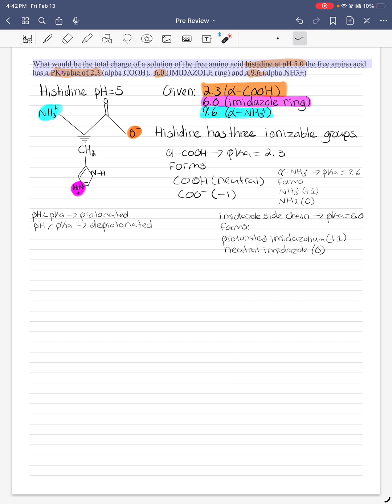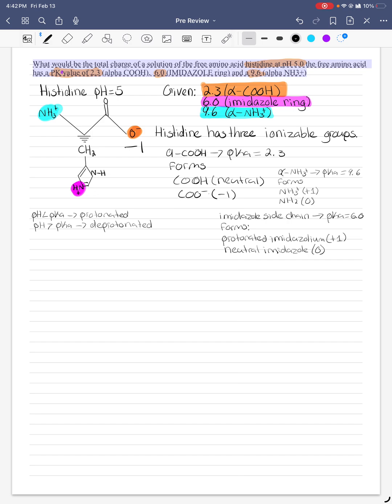And that tells you that it won't be COOH, it will be COO minus. That's why I have the O minus right here. And that charge will be a -1 since it's deprotonated. Right?